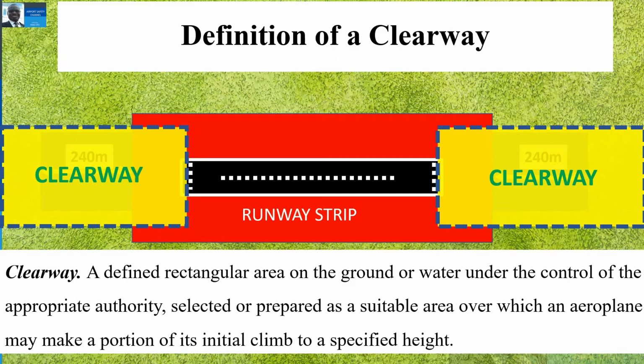Even if the runway is next to an open water body, that water body can also be part of the clearway, and this area should be under the control of the airport authority or the institution managing the airports, and that area can be used by aircraft for making the initial climb or the initial takeoff of the aircraft, especially when the entire length of the runway is used in the takeoff process. So that is the definition of a clearway for you.